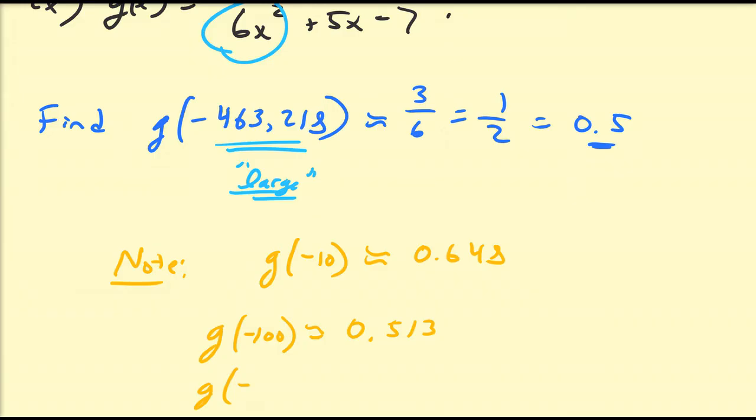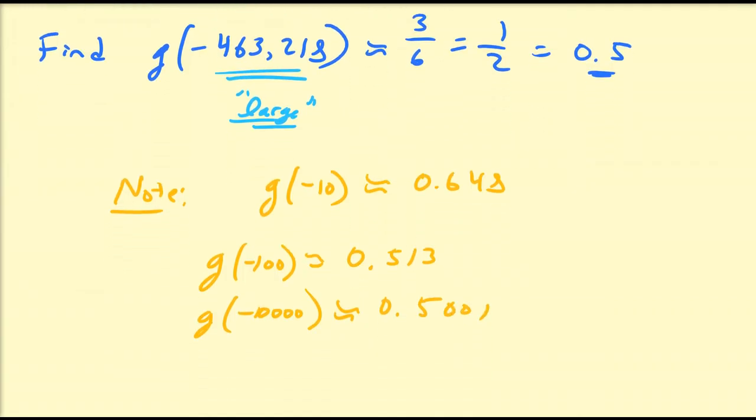And g of negative 10,000 is going to be approximately equal to 0.5001.